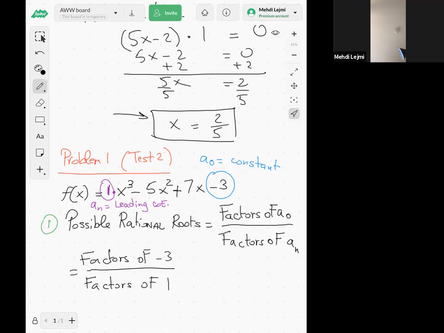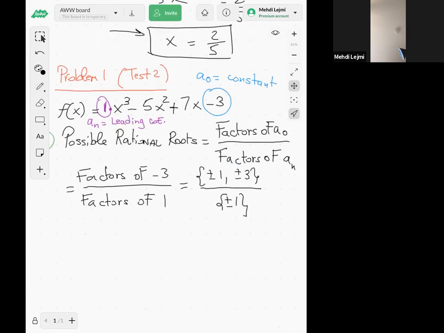Factors of 3: 3 is divisible by 1 and by itself. And 1 is only divisible by 1, of course. So then the list of possible rational roots.